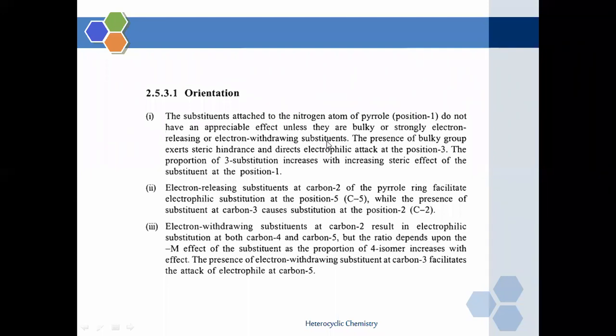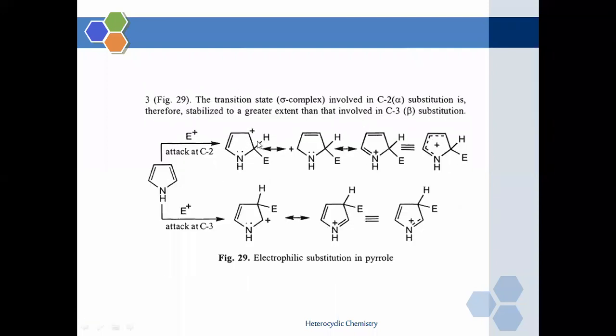they will not allow the substitution to happen at carbon number 2 position. See here, we have already seen the orientation pattern of the electrophilic substitution reaction. In the majority of cases the substitution happens at carbon number 2 position. But if we substitute any functional group in place of this hydrogen atom on nitrogen, generally it will not happen.